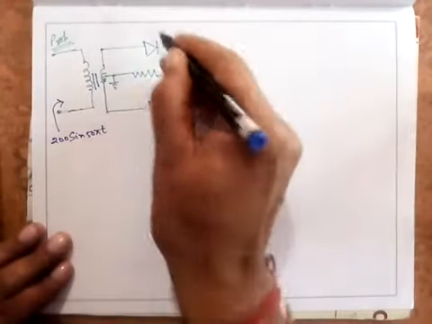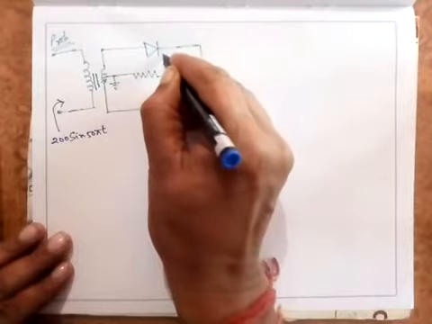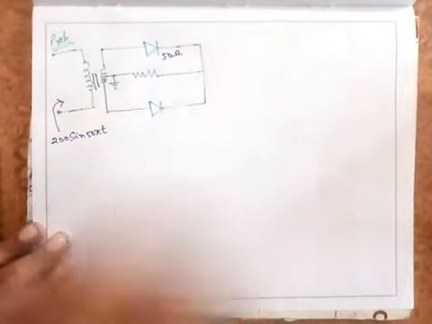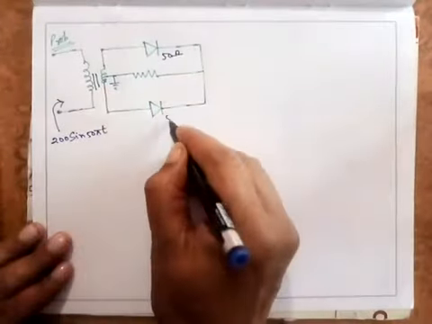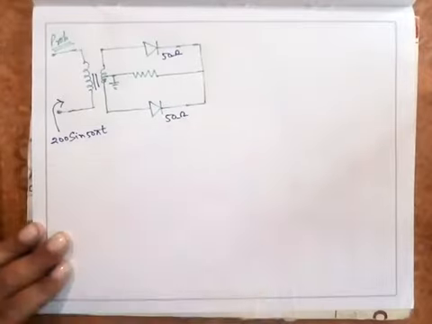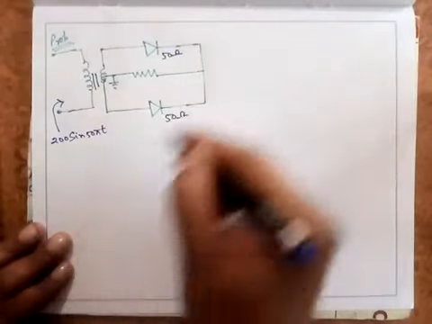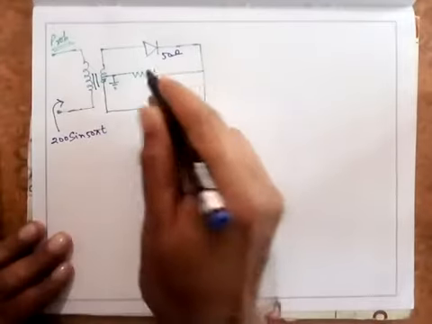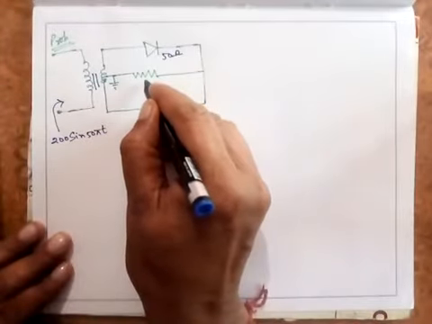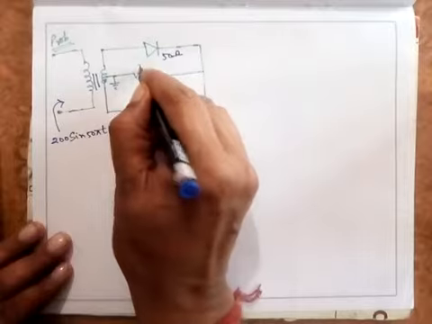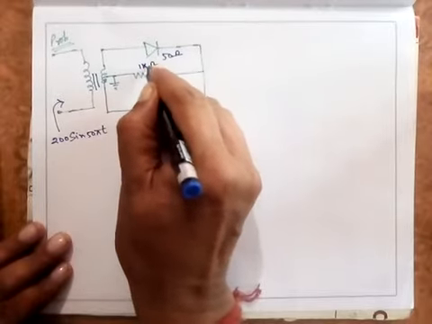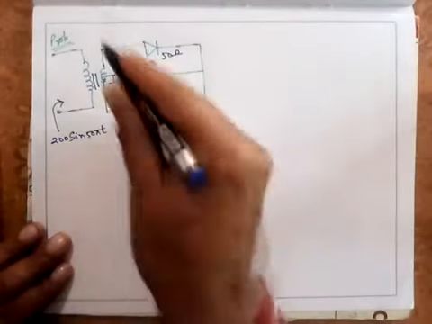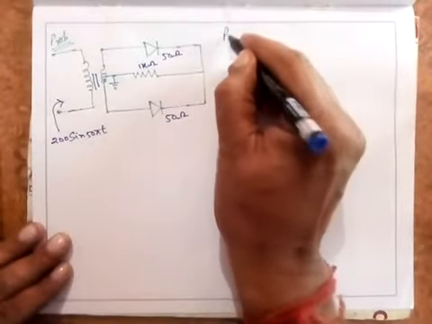And suppose each diode has a forward resistance of 50 ohm. This diode is also having a forward resistance of 50 ohm. What I am writing in blue pen is given to you. And suppose the load resistance is 1 kilo ohm. This is a problem.